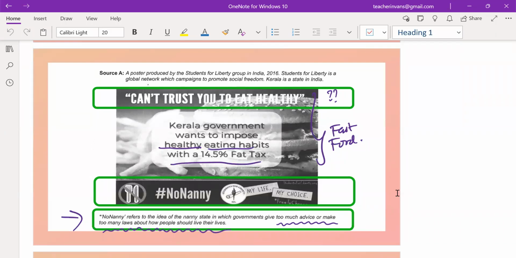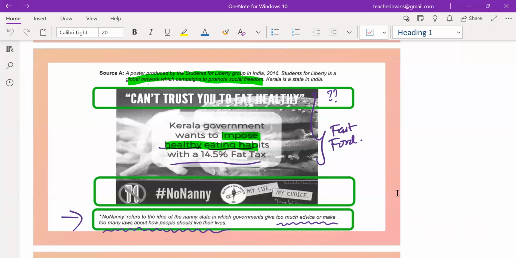Now this is a poster by the Students for Liberty group, so it is like a freedom kind of group. Students for Liberty is a global network which campaigns to promote social freedom. So obviously, you can sense that these people are unhappy that the government now wants to impose and decide on the eating habits of people living in Kerala, India.